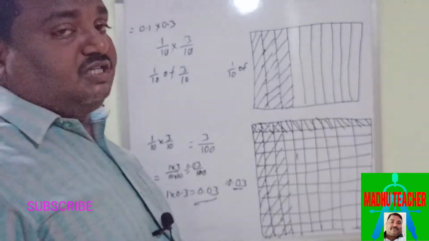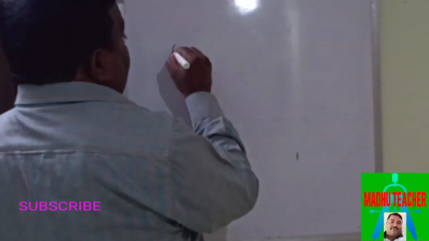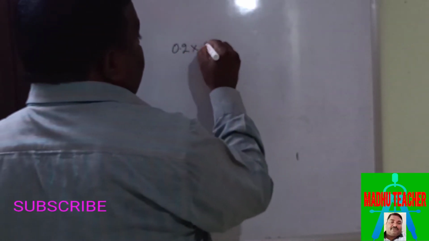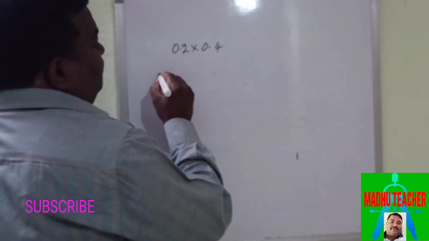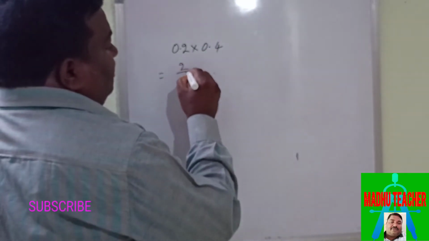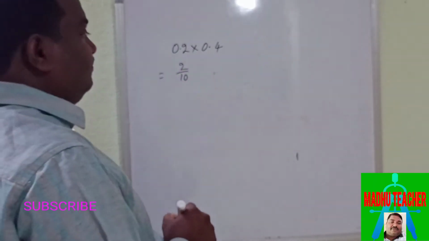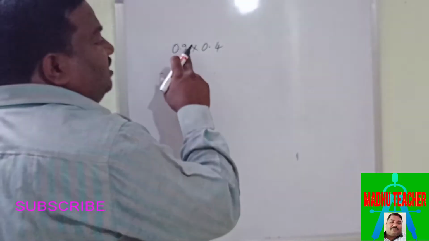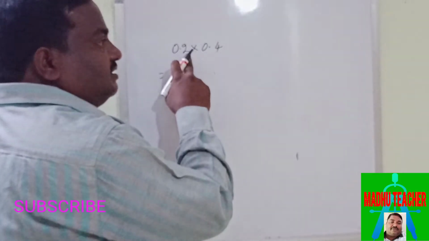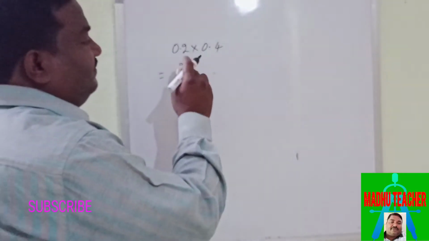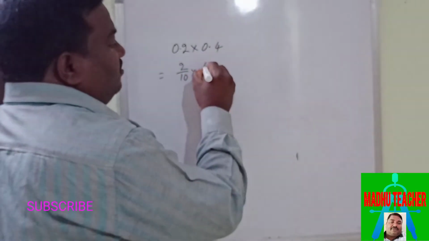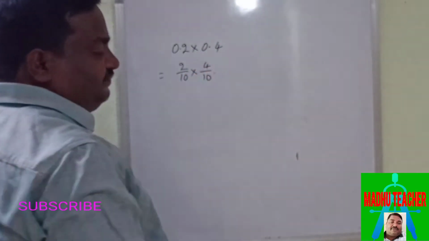Let us see some more examples. Suppose 0.2 into 0.4. This you can write as 2 by 10. After the decimal point, we have only one digit. While removing the point, we will get by 10, and here also 4 by 10.